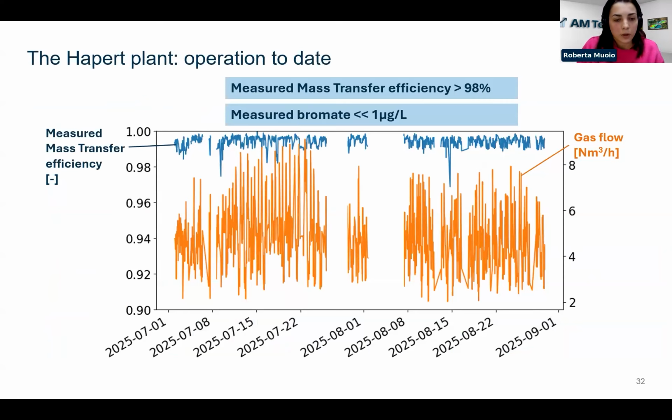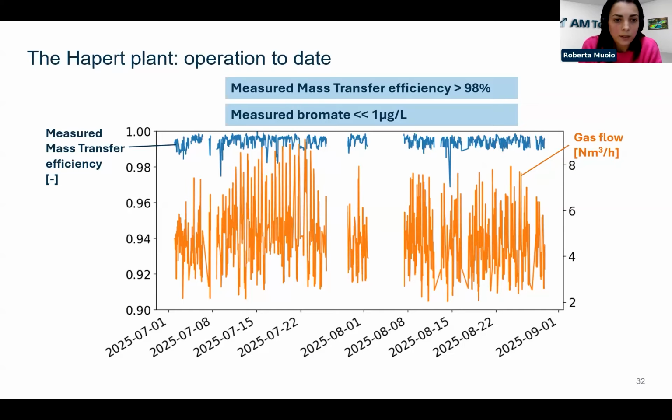And with this data that we are now collecting, we are also monitoring the mass transfer efficiency. In fact, the main concern around this co-current design, which is the very first design of this kind in the entire world, was about the mass transfer efficiency.